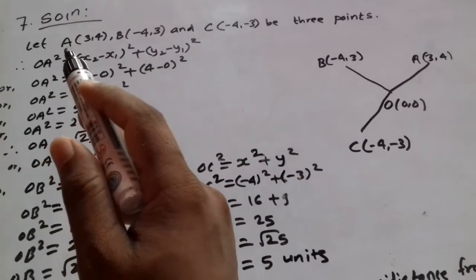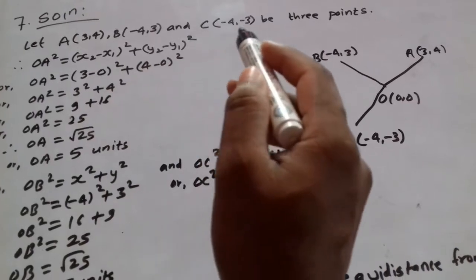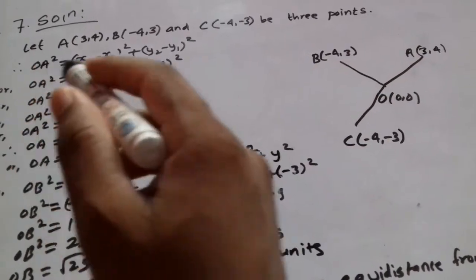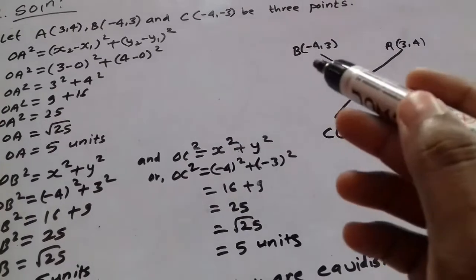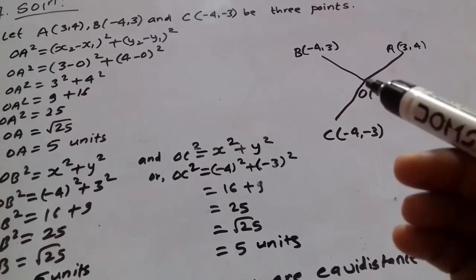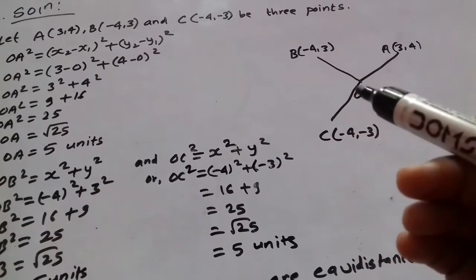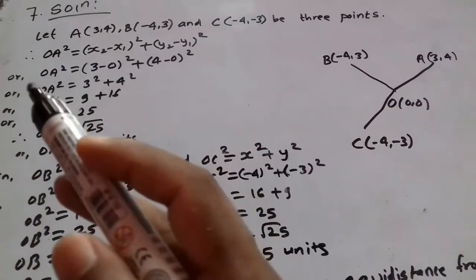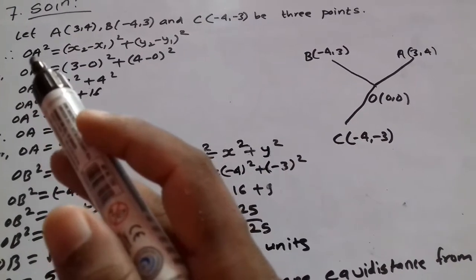We have supposed the points A, B and C. Then we have to prove that from the origin these distances are equal. It means we have to show the distances OA, OB and OC are equal. For this we are going to find OA, OB and OC.